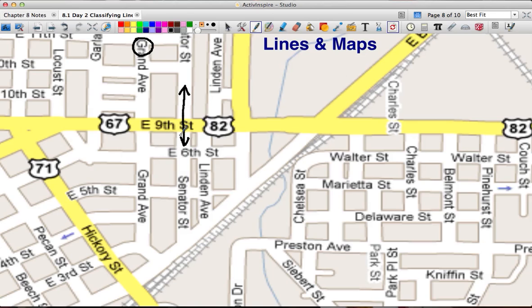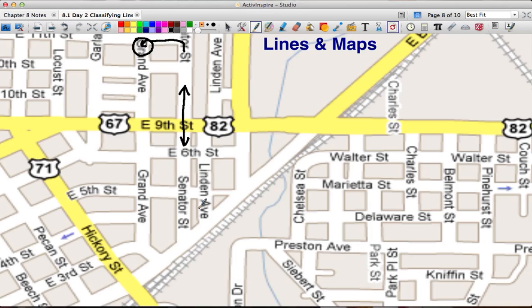Well, if you are on Senator Street and you know that it runs parallel to Grand Avenue, you know that there is no way to get from where you are to Grand Avenue without making a turn. And the reason is because parallel lines never intersect. So if the streets never intersect, you have to use another street, in this case East 11th Street, to get to your friend's house.